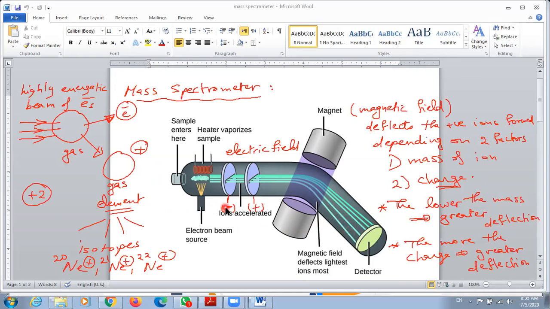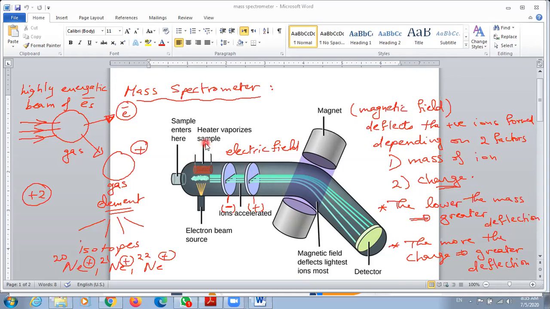In the case of elements, we get only a few lines, which we call peaks, as we are going to see now. But in an organic molecule, we get many peaks, and we have to determine what every peak corresponds to. So we should make more and more separation for more and more fragments. That's why we should depend on mass and charge as well.